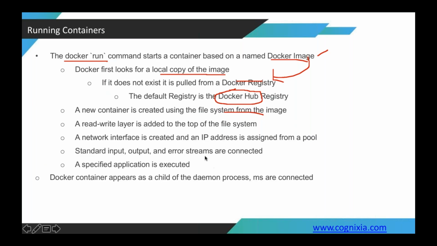That IP address is a part of a private network which is created for the container. When we do the lab, I will show you that each container is assigned an IP address which is different from the host IP. So there is a separate network created for the containers through which containers can communicate between themselves.